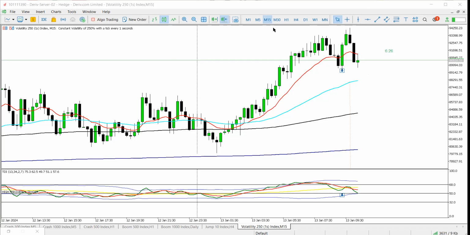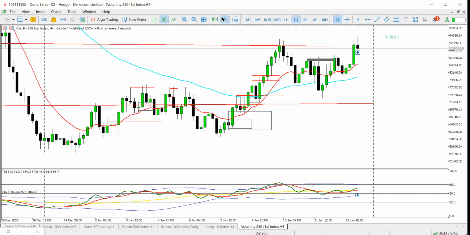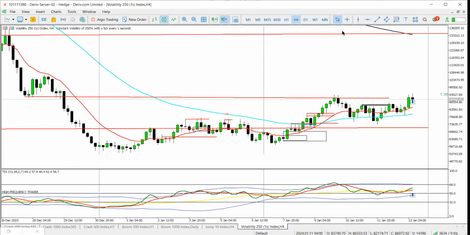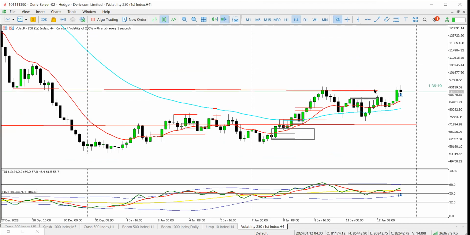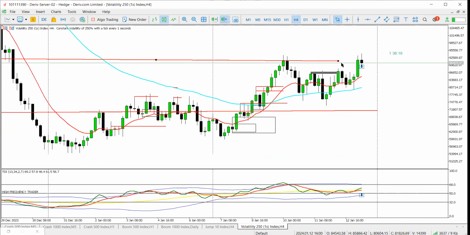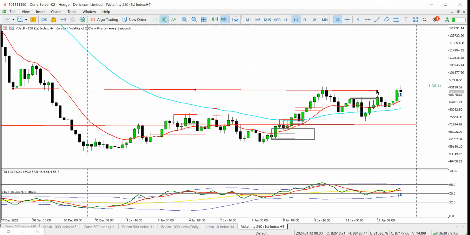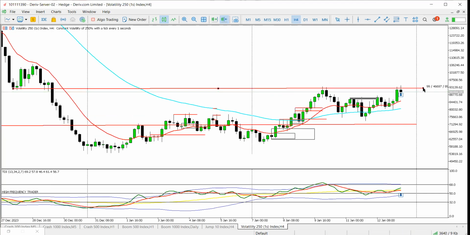Let's just quickly check H4 here. We can see we've got this zone where this red line is. So the reason I don't want to be active on it is because I do not have quite a clear direction. Because at this point, price can respect this current week's highs and actually sell.